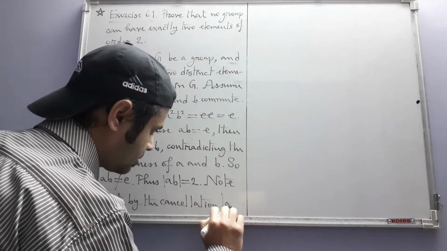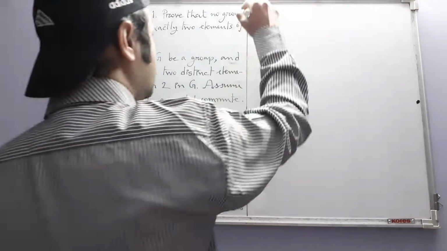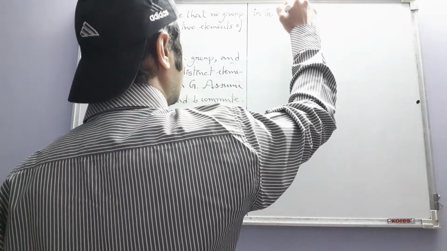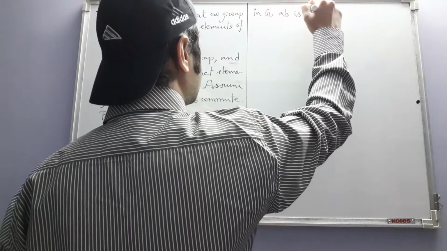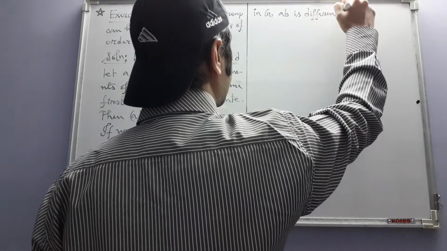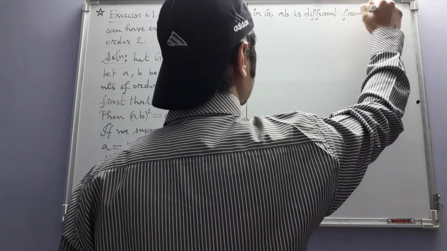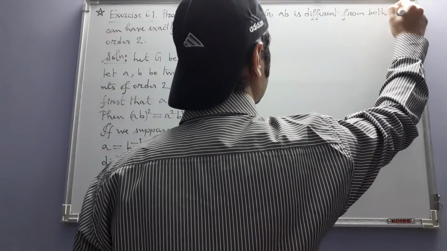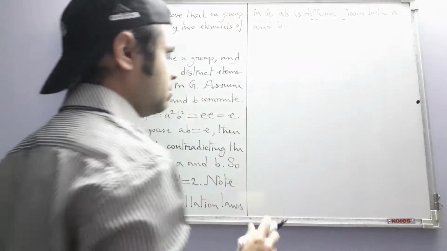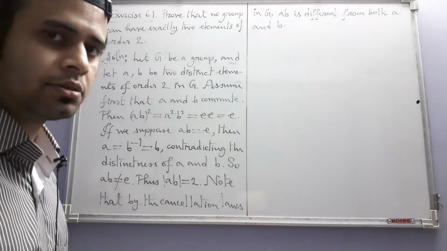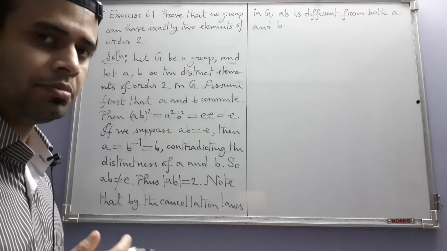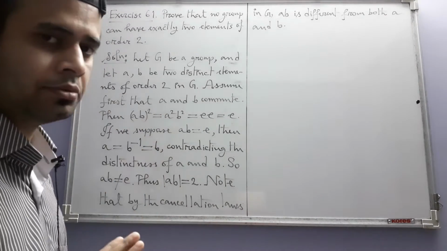Note that by the cancellation laws in G, AB is different from both A and B, because if AB is equal to A, then B has to be the identity, and in that case B will have order 1, not 2.